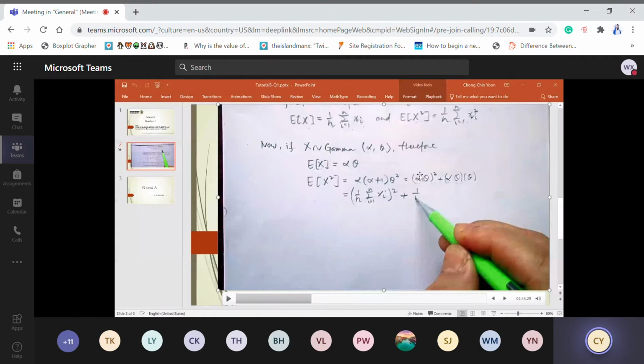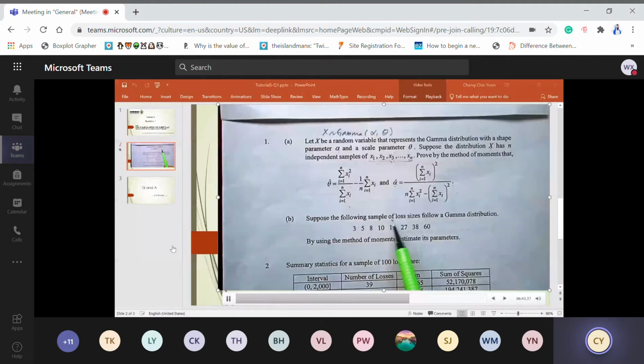Okay. And now we move to the application in the second part. Part B. Suppose the following sample of loss sizes follows a gamma distribution, which is given by these samples. By using the method of moments, estimate its parameters.